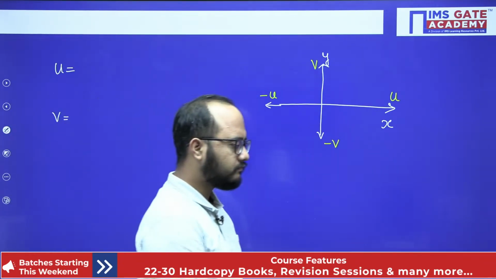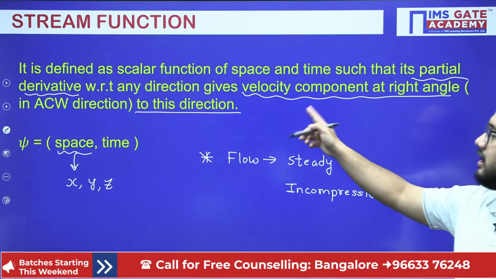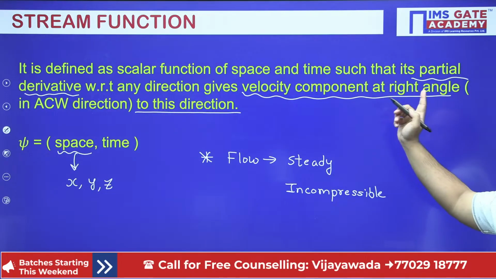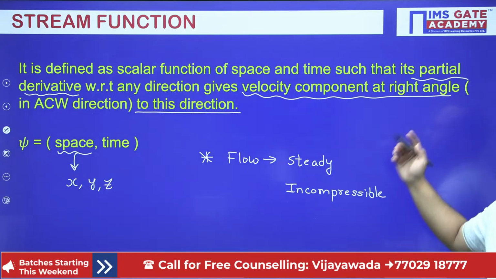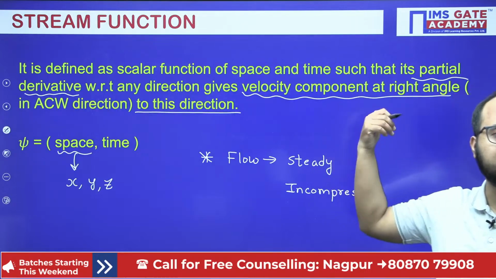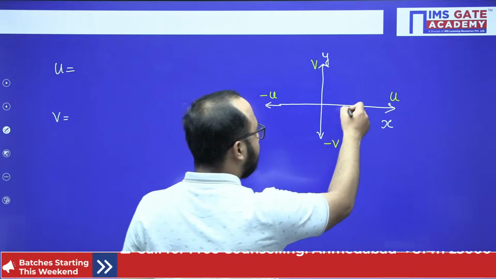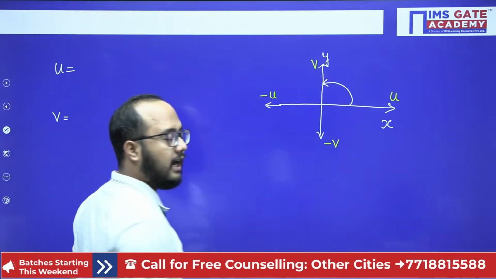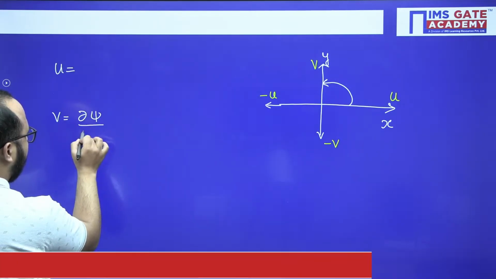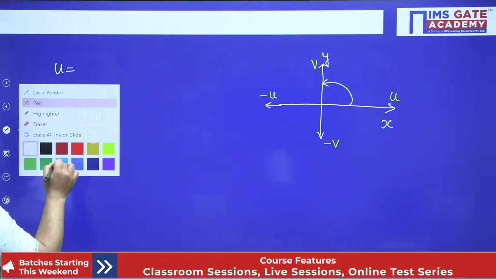Now, in order to write the velocity components, what they have told you in the definition is: take the partial derivative with respect to any direction, and it gives you the velocity component at right angle to that direction. Suppose I take the partial derivative of the stream function with respect to x direction, what will I get? At right angle to it, I will get v.